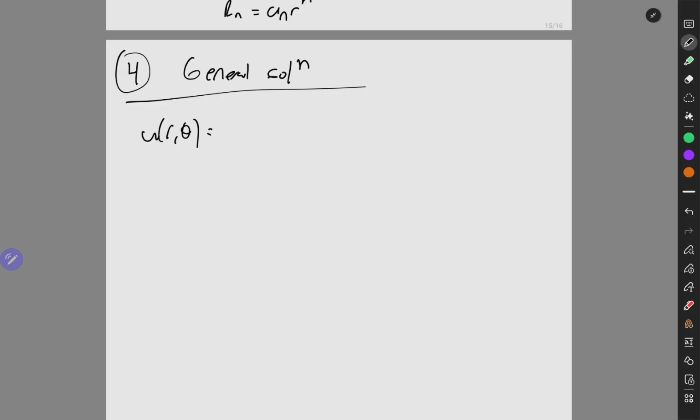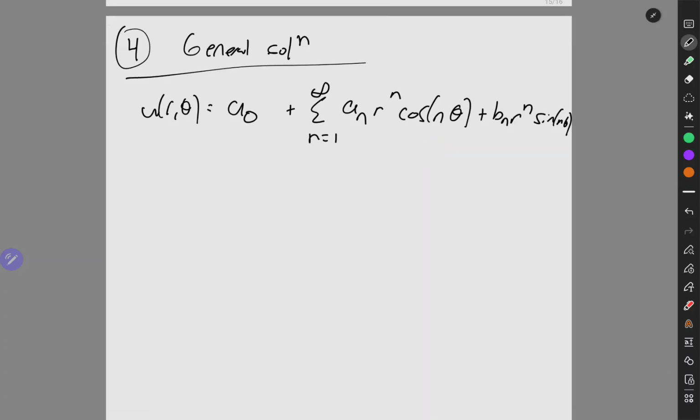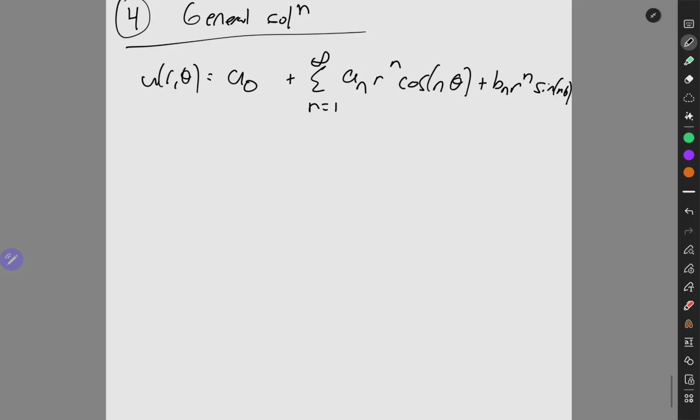Well, I'm gonna relabel them because of just standard convention. But that's the c naught term that we had. N equals 1 to infinity. I'm gonna rename this as a sub n. Remember, these all got multiplied when we did the fundamental set of solutions. R sub n sine of n theta. So that's our general solution. Now, this is a Neumann problem.